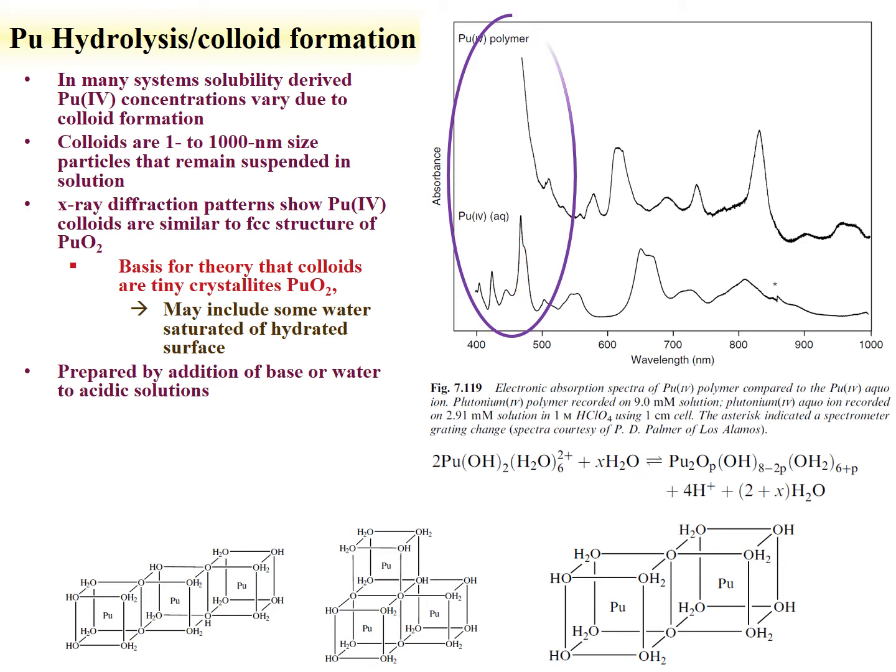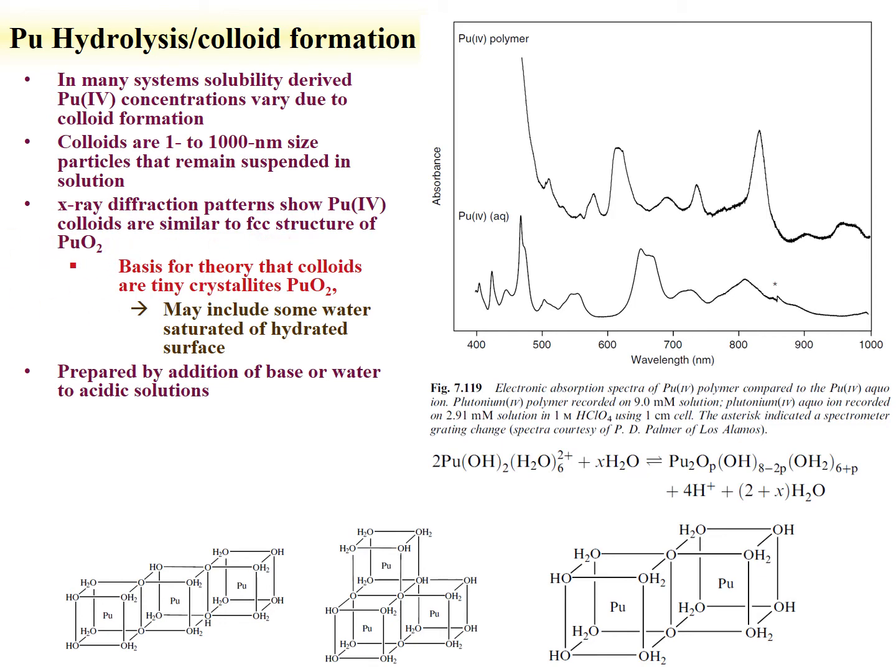So these colloids in solution can be thought of as extended hydrolysis products, actually extending all the way down to the dioxide. These particles are between 1 and 1,000 nanometers in size, depending upon the route of the experiment. X-ray diffraction shows that these plutonium-4 colloids are similar in structure, face-centered cubic, to plutonium dioxide.